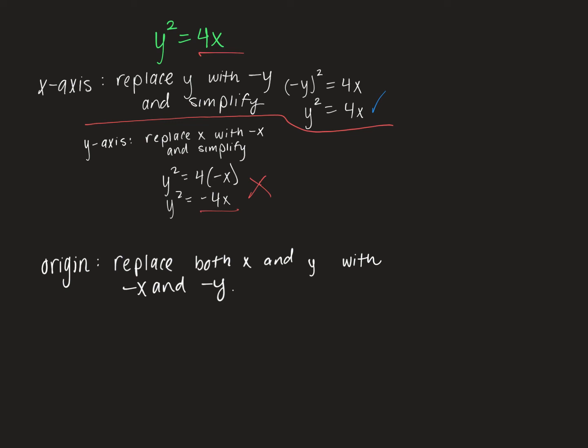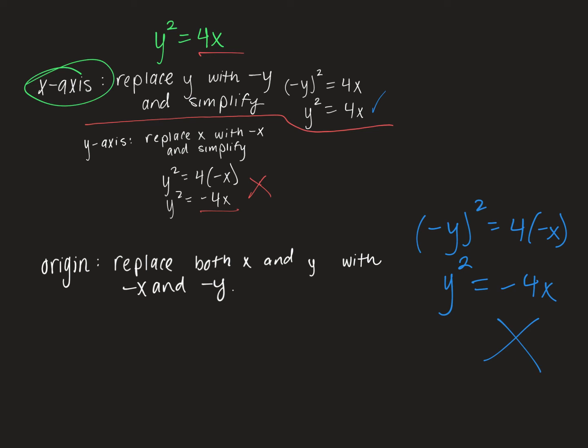All right, so that's going to be negative y squared equals 4 times negative x. We know that this becomes that because we've already done this. So this one would also not be symmetric. So this equation is only symmetric about the x-axis. You're going to test all of your equations like this.